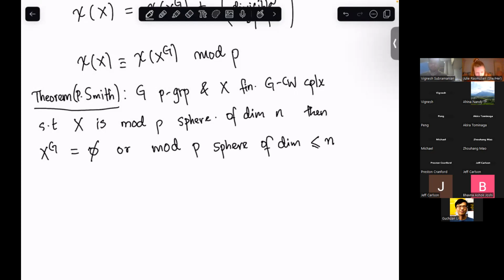You can also have a trivial action. With this theorem as a motivation, any theorem that starts with the cohomological information of the total space and infers some cohomological or homotopy theoretical information about the fixed points is called Smith theory, this line of study.